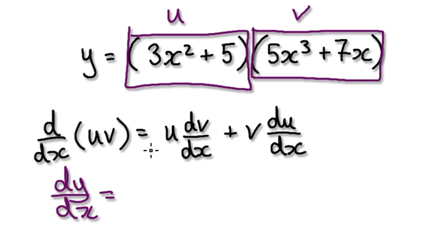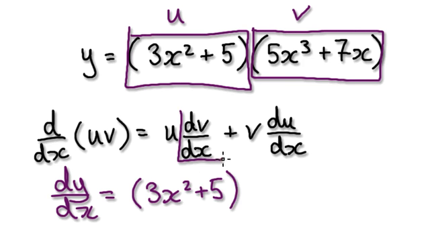That's this block here, which is 3x squared plus 5. We keep u the same, and then concentrate on differentiating the v.